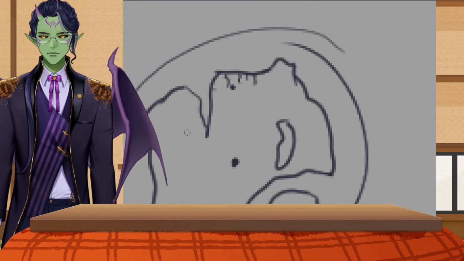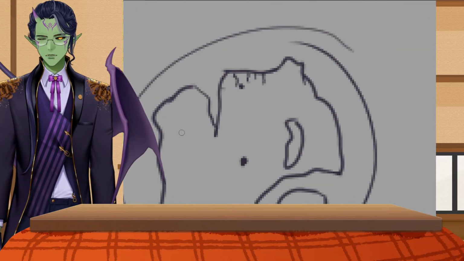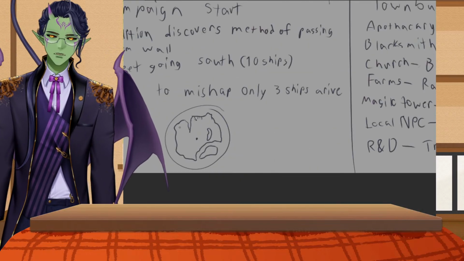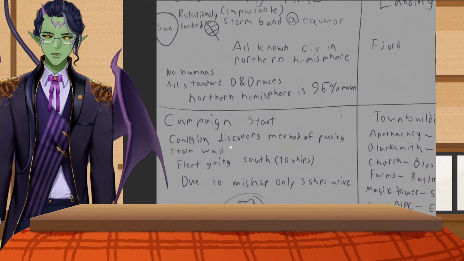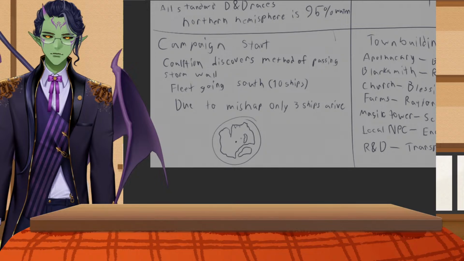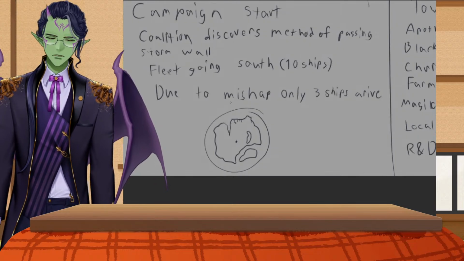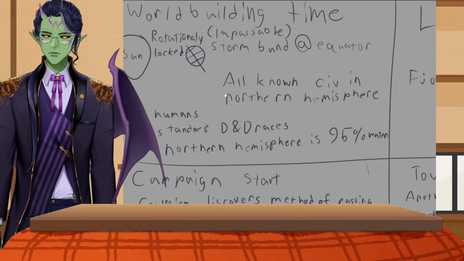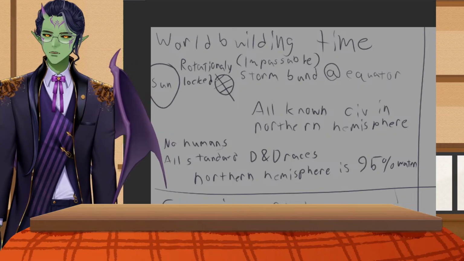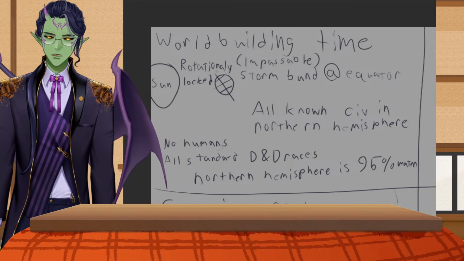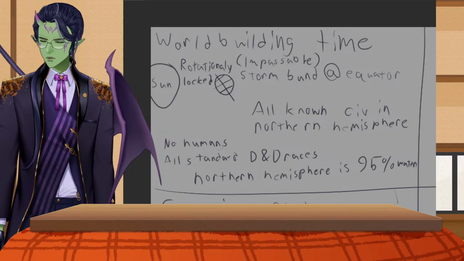So, I'm thinking of having areas that are like... Oh yeah, that's another thing that I never explained. Let me go back north real quick. So, rotationally locked planet. That means that on a rotationally locked planet, there would be no seasons.